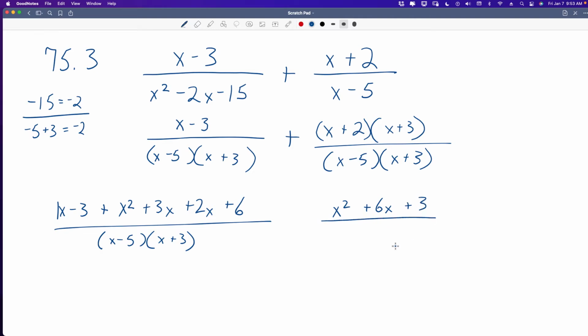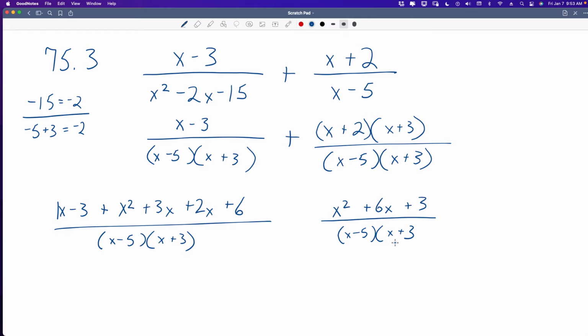Okay. And now I have an x minus 5 and an x plus 3 on the bottom. And that's not the same answer that the book has. So I wonder what I did differently. I wonder if I wrote it down the wrong way.